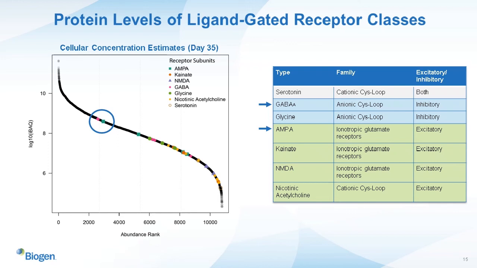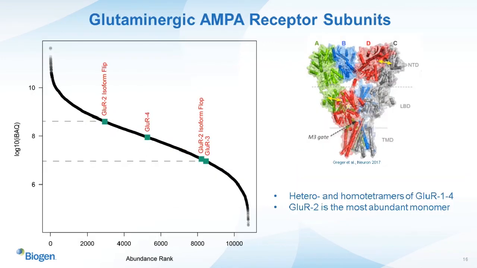With regards to glutamatergic AMPA receptors, these are hetero- or homotetramers of the products of 4 different genes. And in concordance with the literature, GluR2 is the most abundant monomer, expressed in its isoform flip.